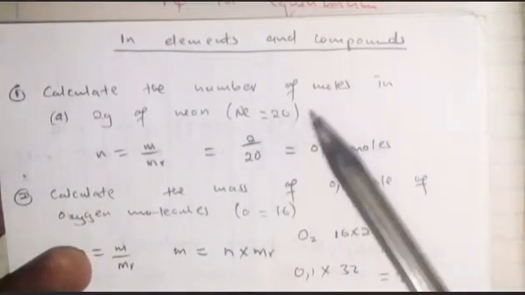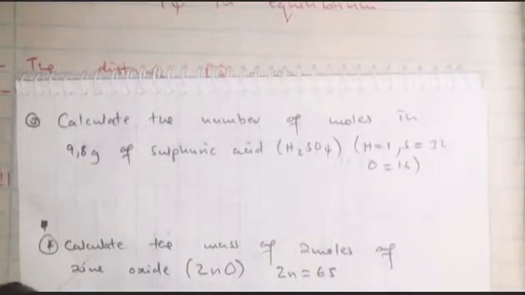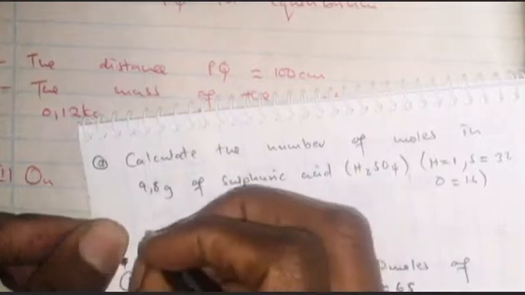Then we move on to where we are given compounds. Here we were dealing with single atoms and the molecule of oxygen. But then we move on to number 3, which asks for the number of moles in 9.8 grams of sulfuric acid. What's important here is to look for the molecular mass of sulfuric acid first.